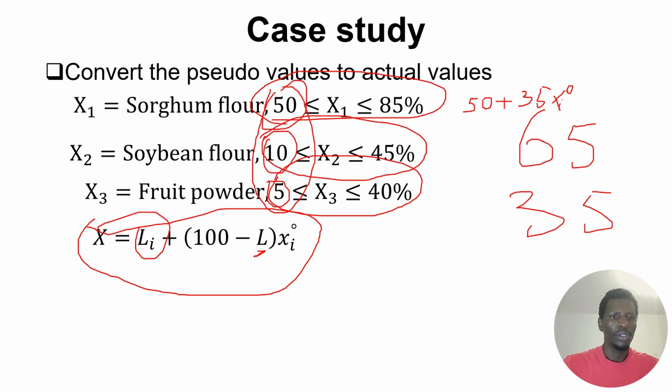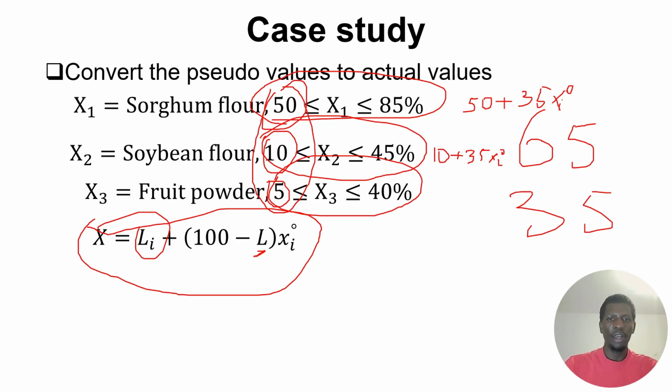Then for soybeans, it will be equal to 10 plus 35 times x of i.